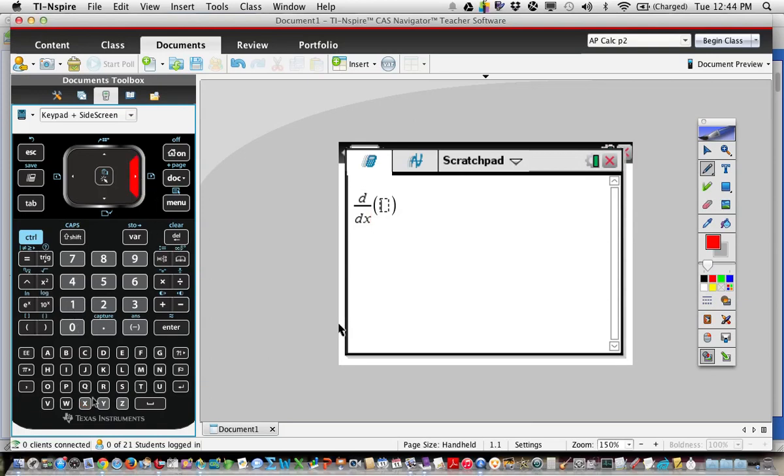Then in this place we type x squared minus x. Then we right arrow outside of that, and we put the vertical bar. The vertical bar is right here if you hit control and then equals.